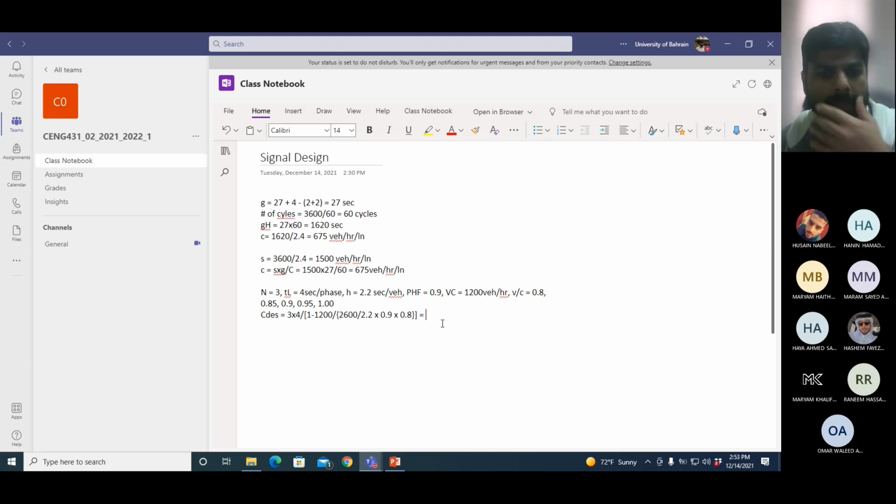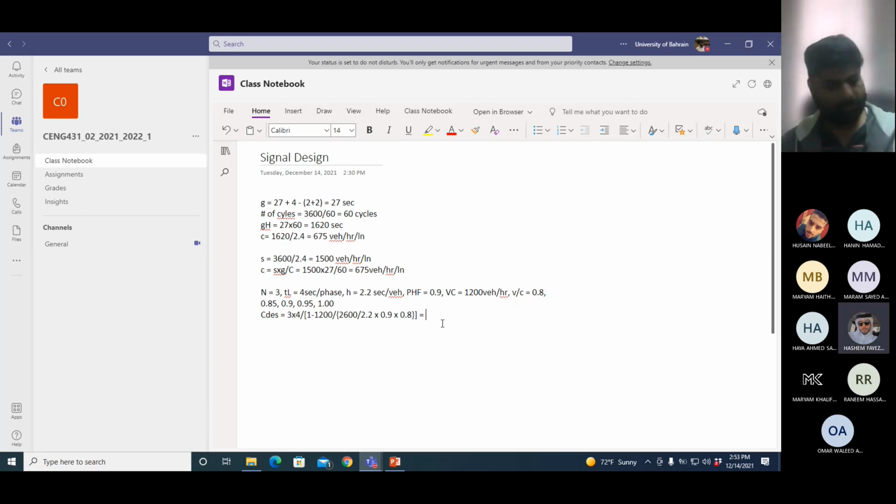Anyone? Cycle length? Doctor, can it be negative? Yes, tell me the value.